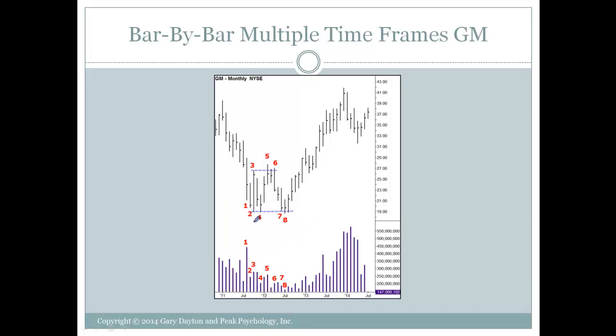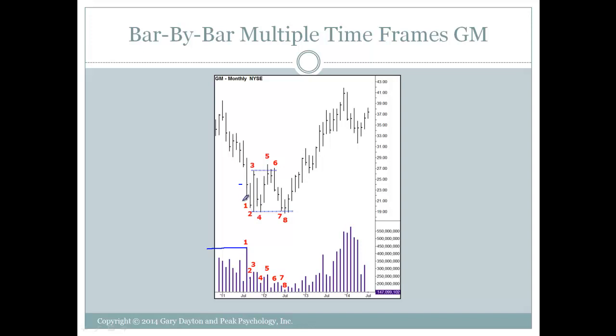We come down, we're closing off the bottom, so some buying came in, and very high volume has come in here. We make our way down a little bit lower on 2. We see volume diminish. Also notice, because this is a monthly chart, there are waves in here, between daily waves and weekly waves.